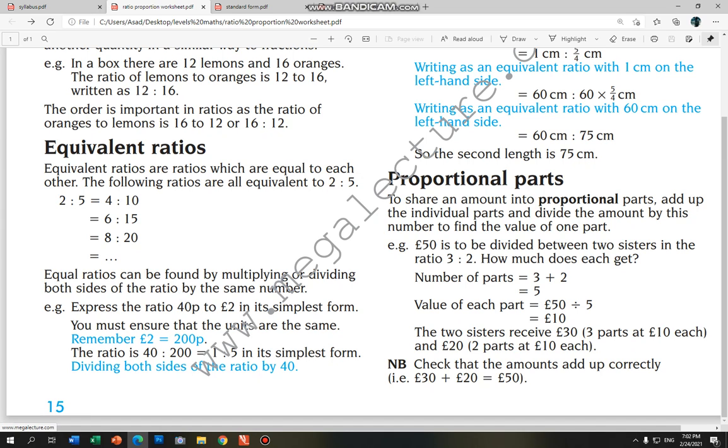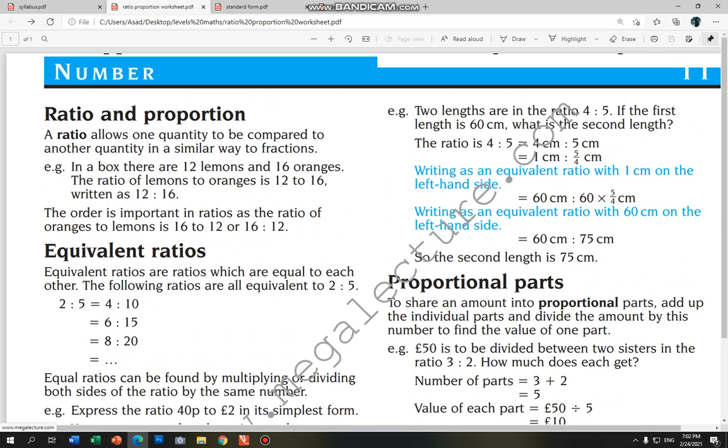So the first sister received £30, 3 parts of £10 each, and £20 means 2 parts at £10 each. If I add £30 to £20, it gives £50, which is the actual amount.